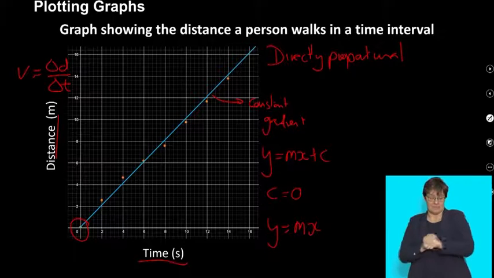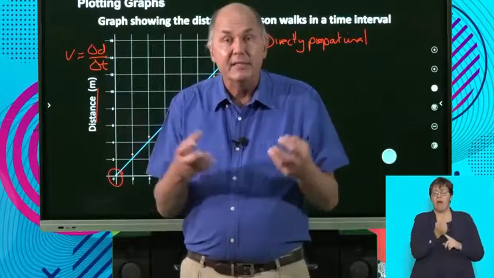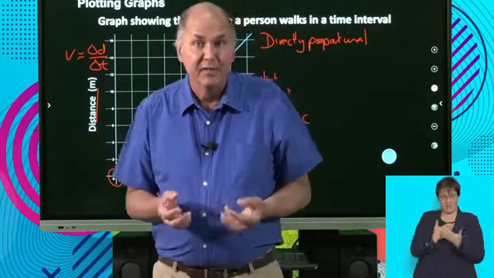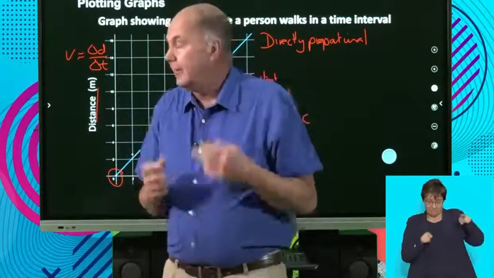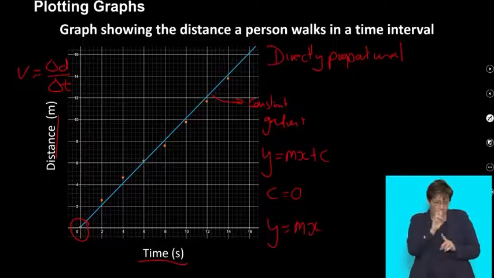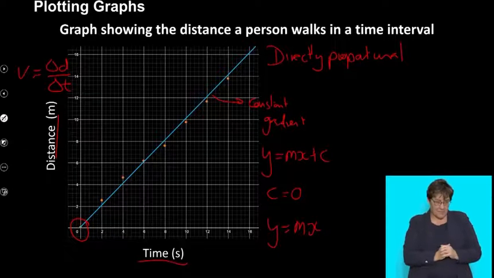And so we can manipulate that into an equation that actually makes sense and that we can use to do some calculations. The two are related, and I hope you've got that very clearly in terms of where we're going.